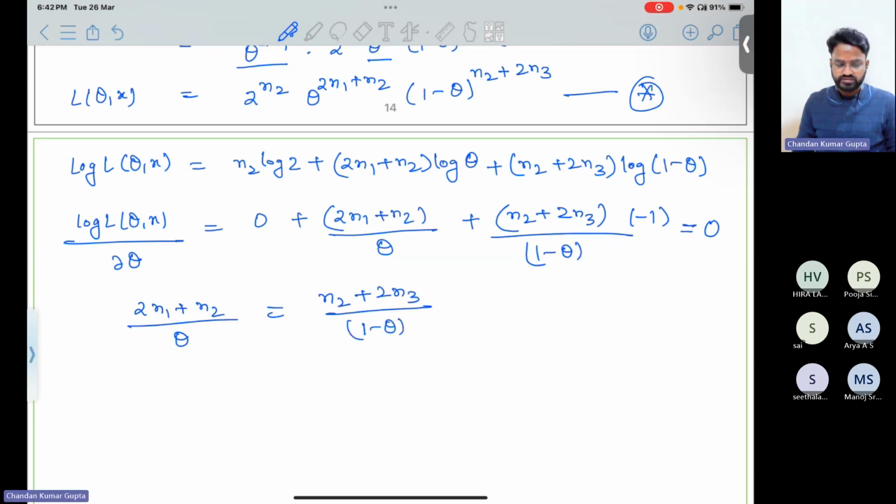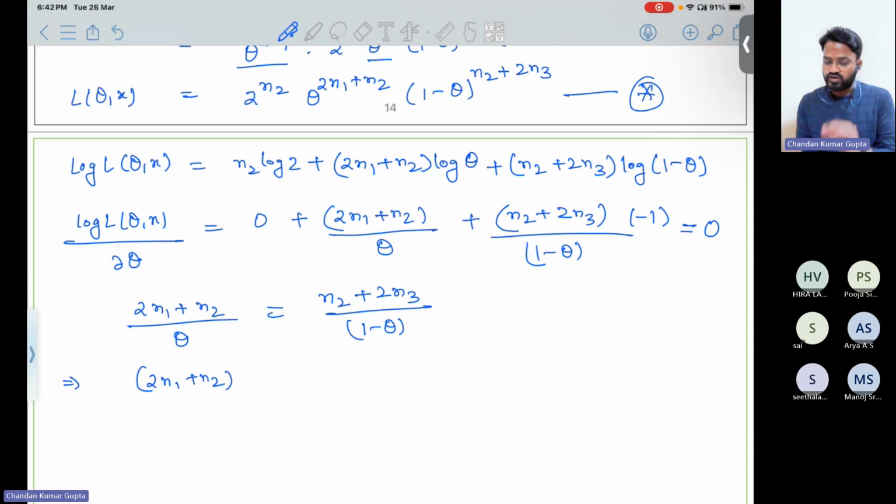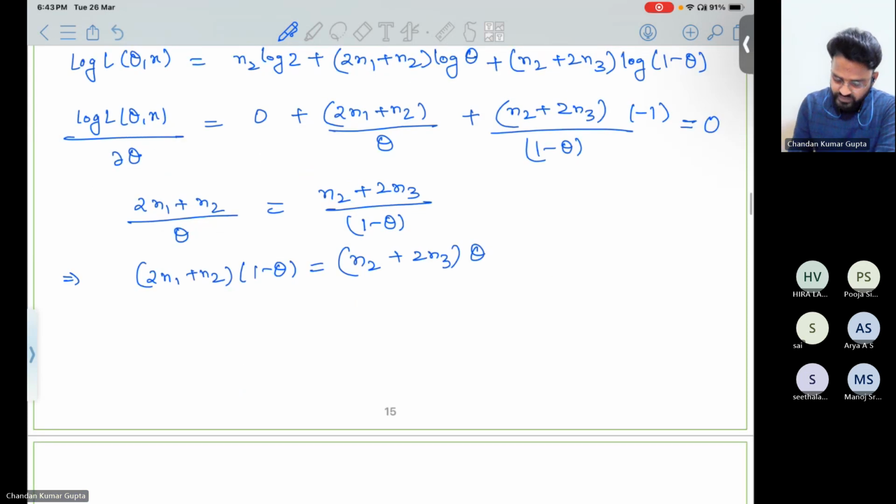Then from here we need to find the value of theta in terms of n1, n2, and n3. (2n1 plus n2)(1 minus theta) equal to (n2 plus 2n3) theta.